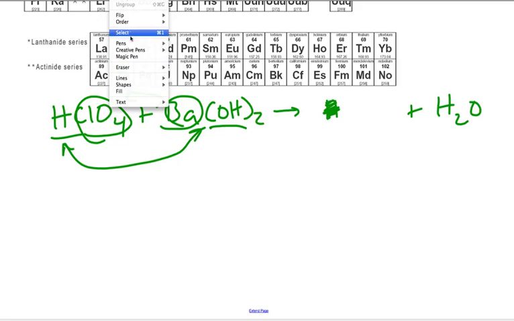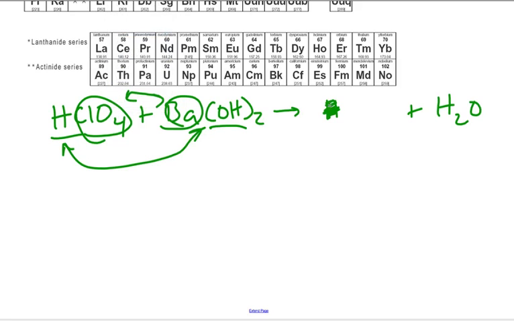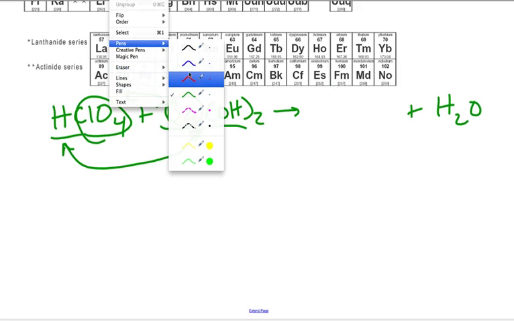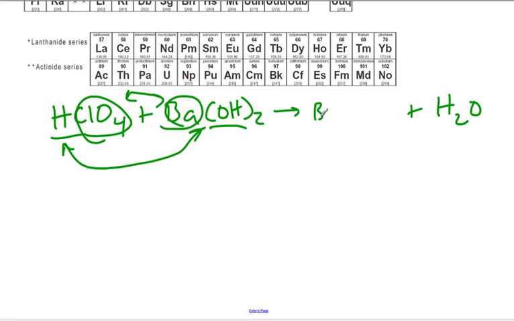Because Ba is 2+ and ClO4 is minus, we get Ba(ClO4)2. So that means we have to put a 2 right there, and I think we're balanced. No, we're not. We have to balance this equation further.